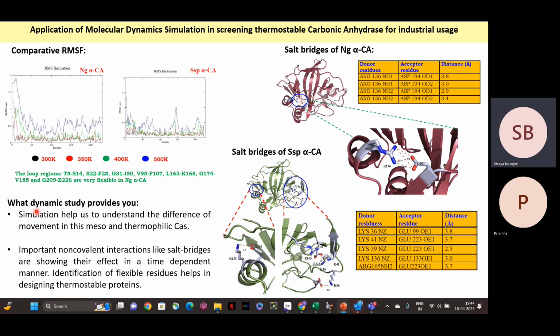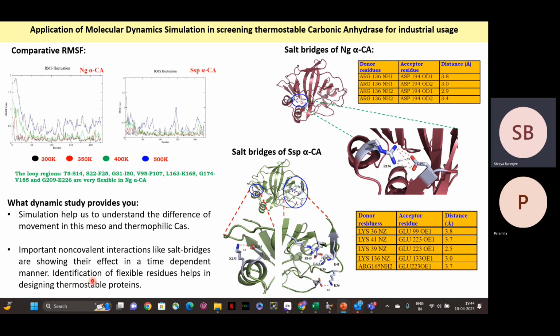So what is this dynamic study providing you? Such simulation is helping us understand the difference of atomic movement between the mesophilic and thermophilic carbonic anhydrases. It is also giving information about important non-covalent interactions like salt bridges and showing their effect in a time-dependent manner.